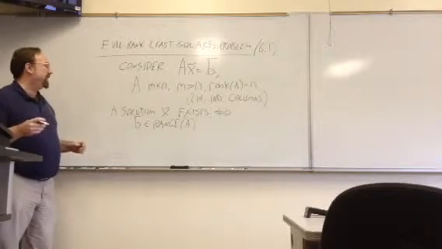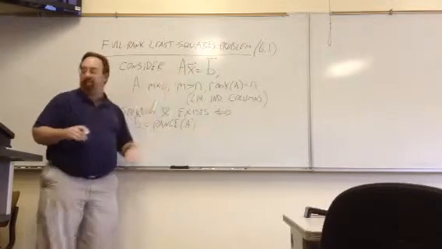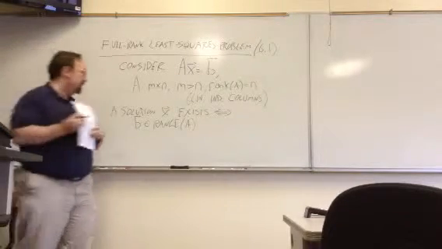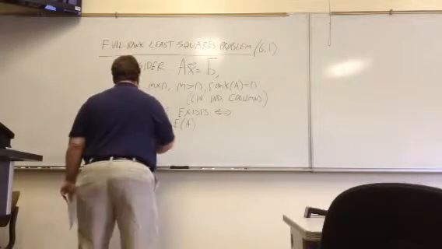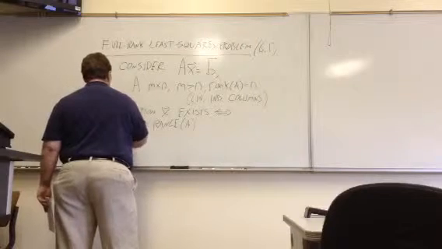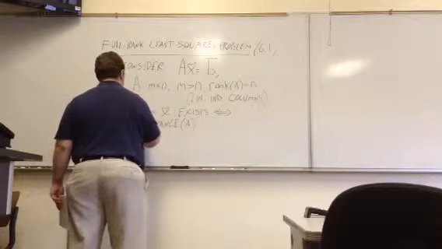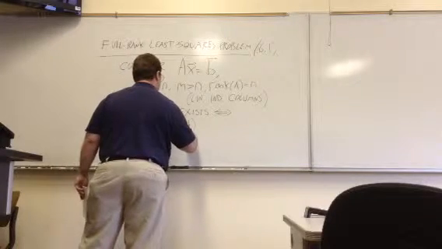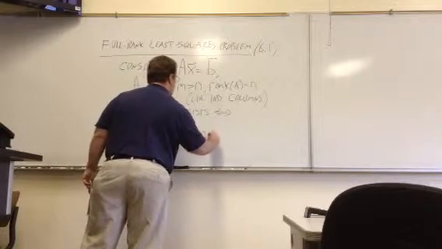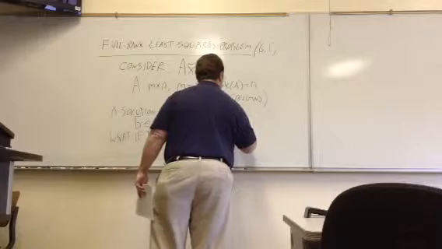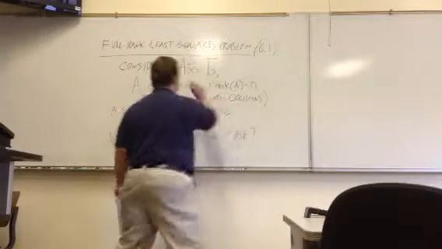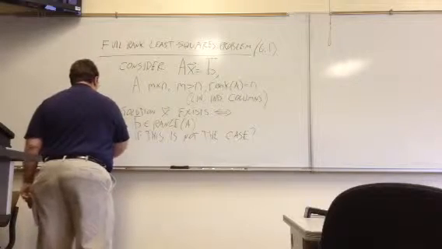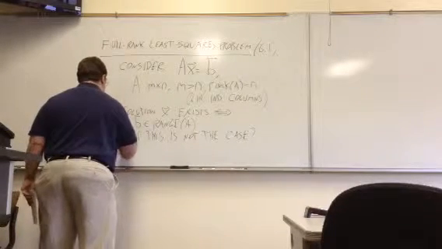So it's possible that we might not be able to solve this system Ax equals b exactly. So what we're going to look at is, what if this is not the case? What if your right-hand side vector b is not in the range of A? There's no exact solution.